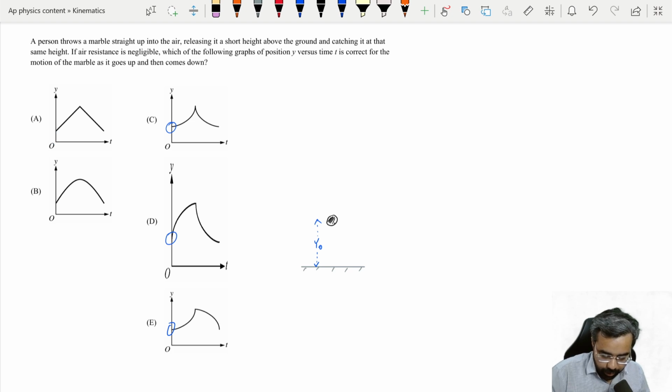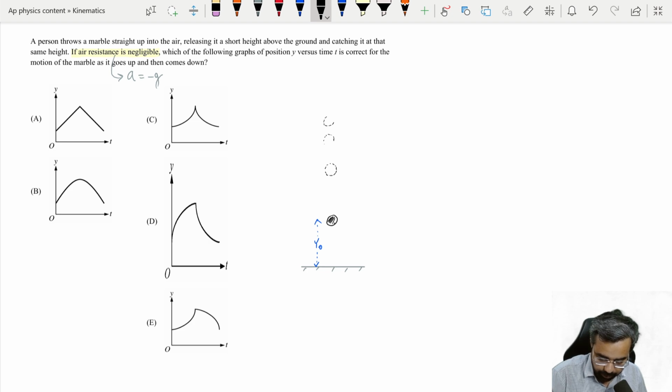Now, because this is a free fall motion, and in this question it clearly says the resistance is negligible, it means that it is a free fall one dimensional motion in which acceleration due to gravity is negative g. So how will the ball's position vary? The ball will cover less distance in every next interval.